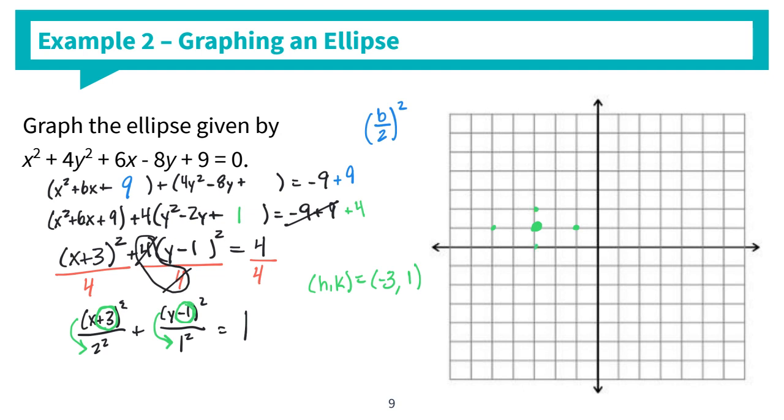And this one's a tiny ellipse. So there we go. That is the graph of our ellipse. It is elongated horizontally, which makes sense because A, the larger value, is this one, and that is underneath the x parentheses. So this ellipse is long along the x-axis, or the horizontal axis technically.